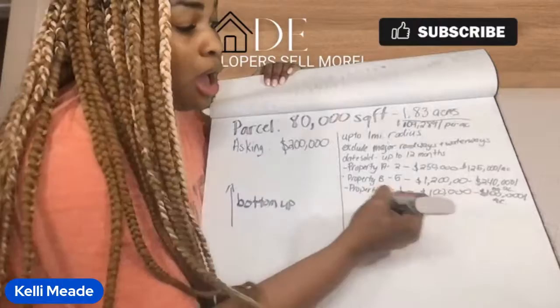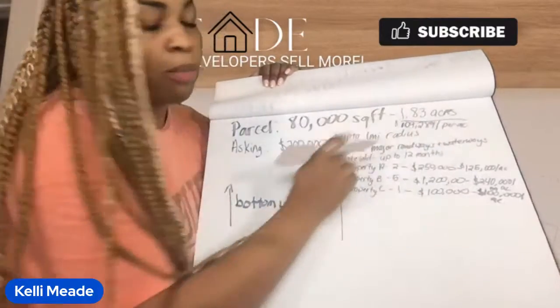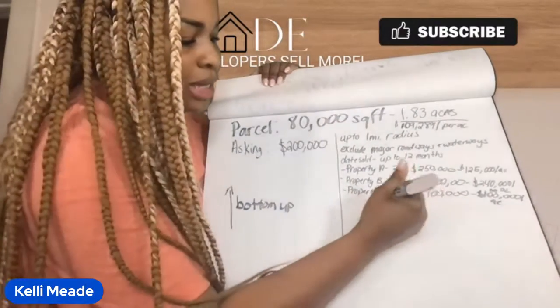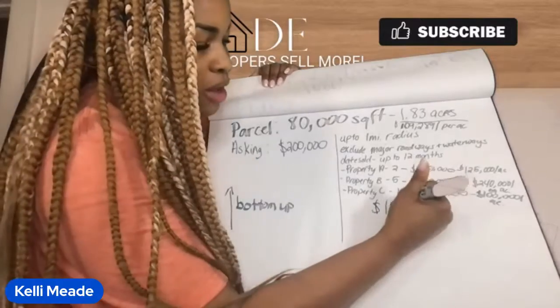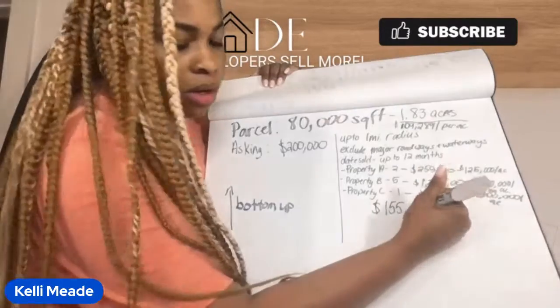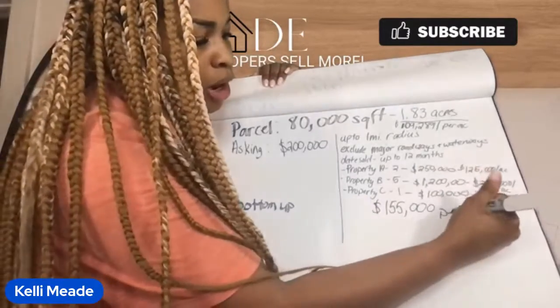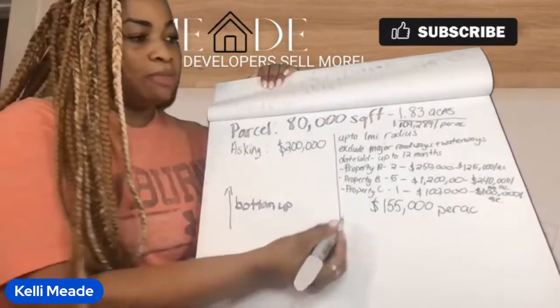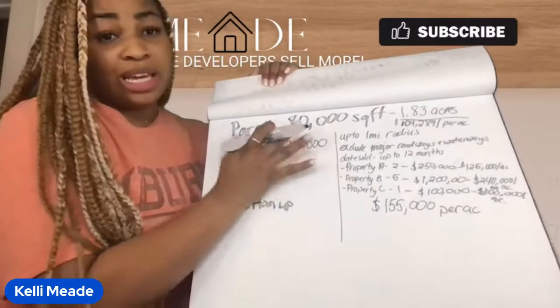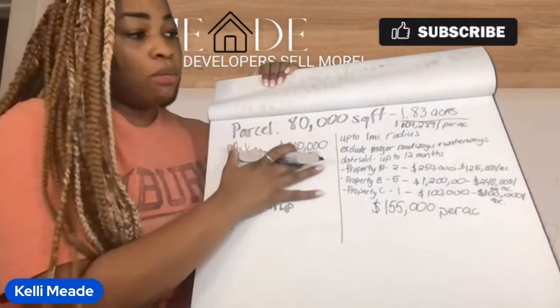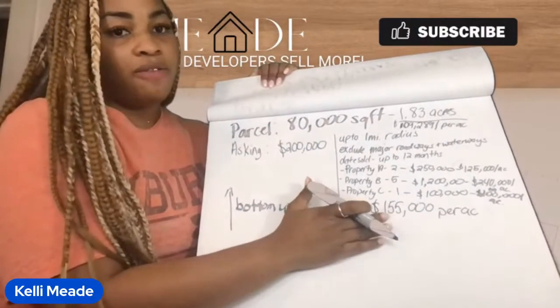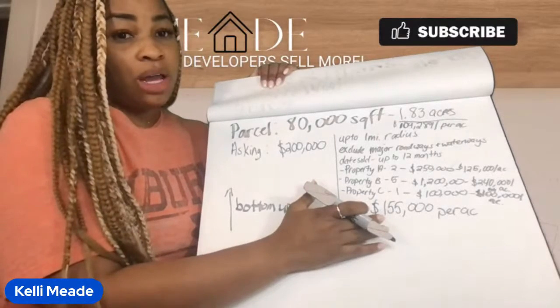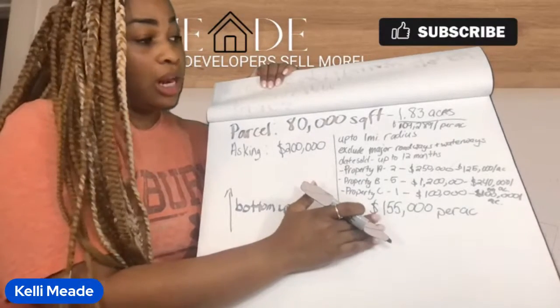So in general, land in this area is selling for $155 per acre. That is the bottom up approach. That is basically taking comparables in that area and determining what the value of that land is based on land that was recently sold in that area.